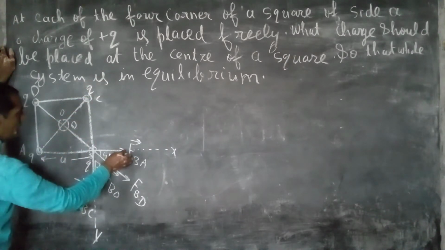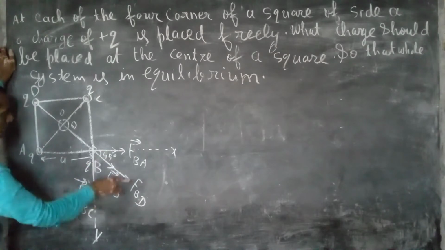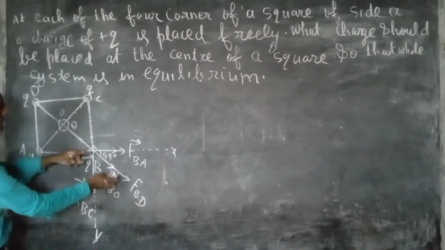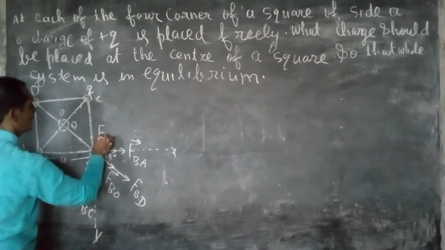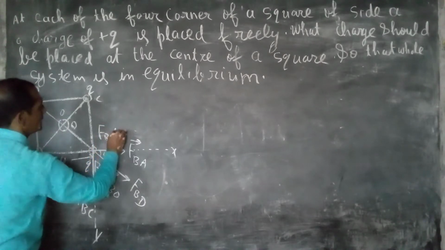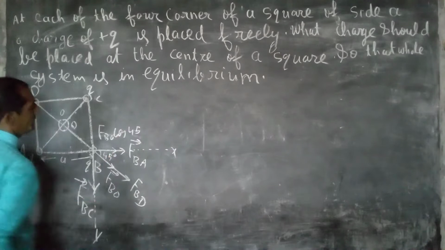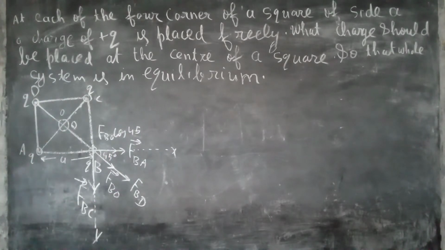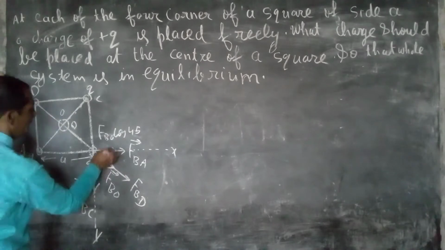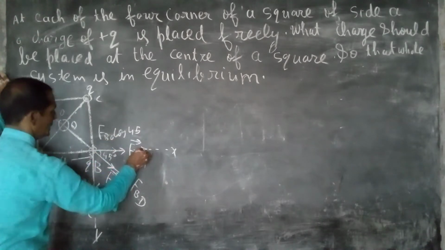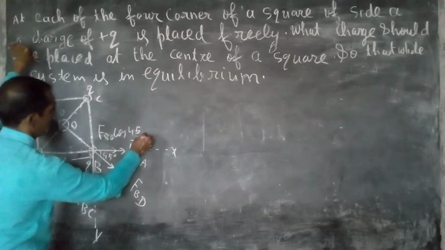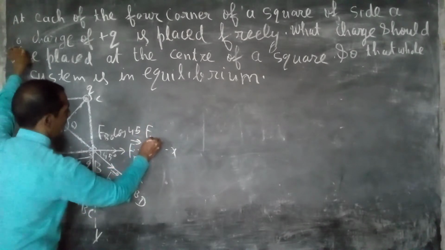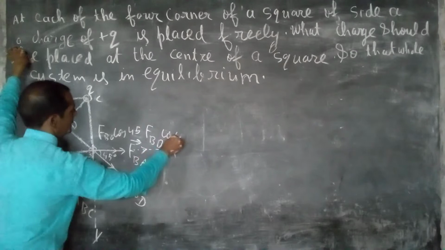Now we take the component of FBO in the direction of the x-axis, which will be FBO cos 45. The component of a vector A in the theta direction is A cos theta, and in the perpendicular direction A sin theta. Now we take the component of FBD in the x direction, so this becomes FBD cos 45.